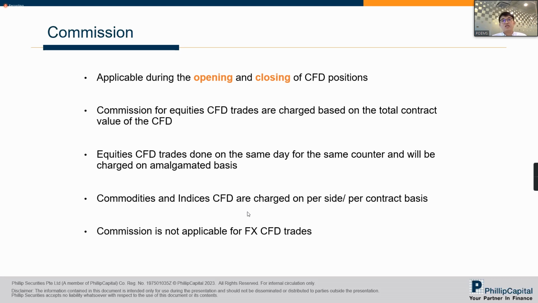Let's say the minimum charge is maybe $25. If we don't do amalgamation, it will be a $50 charge for you on that day. But if we amalgamate, since it's the same direction, then it will be just a charge of $25.